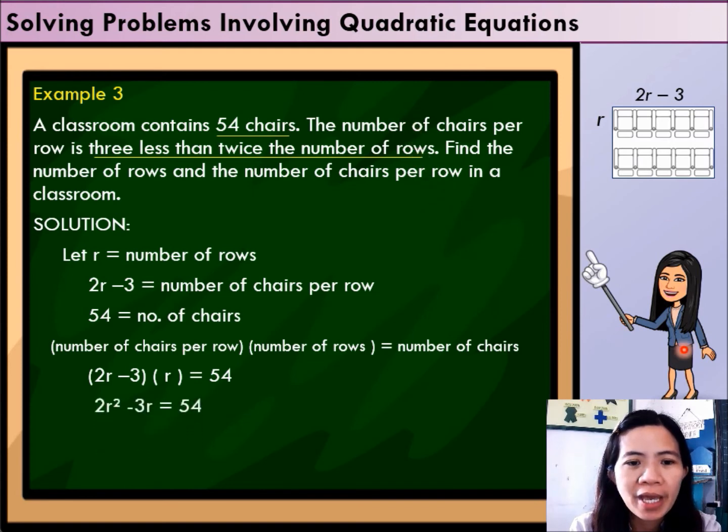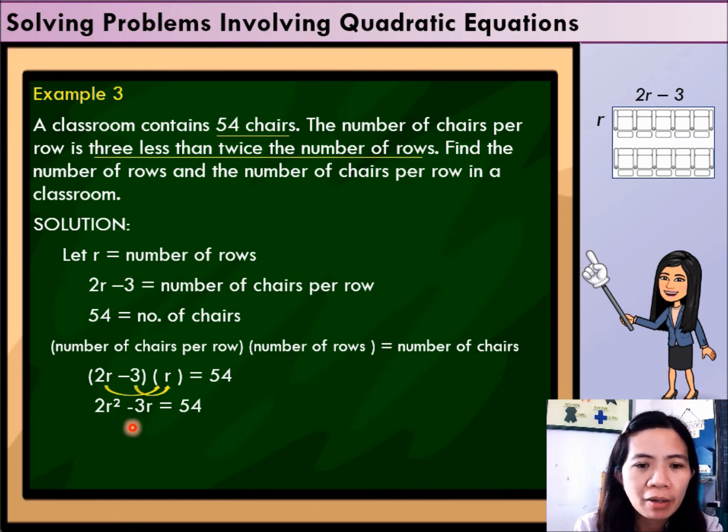Using the distributive property, 2r times r is 2r squared, and then negative 3 times r is negative 3r, equal to 54. Then we are going to write this in standard form.